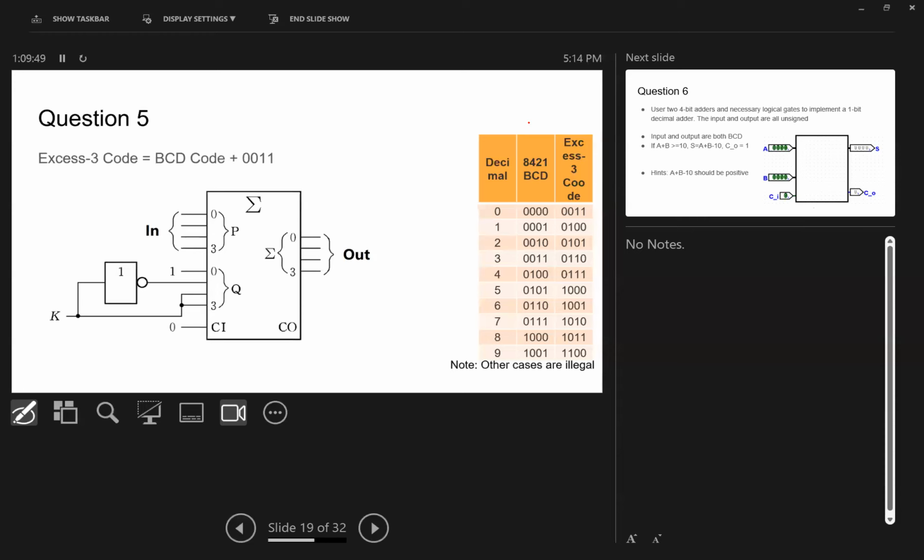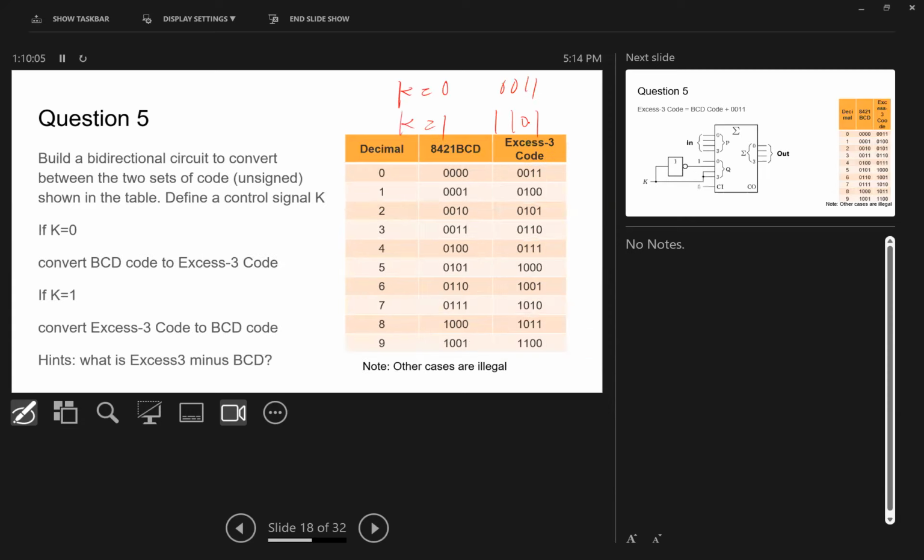If you wonder whether we can just use addition to get the correct results, let's do one case. I think most of you are comfortable with k equal to 0, where we just do addition with +3.